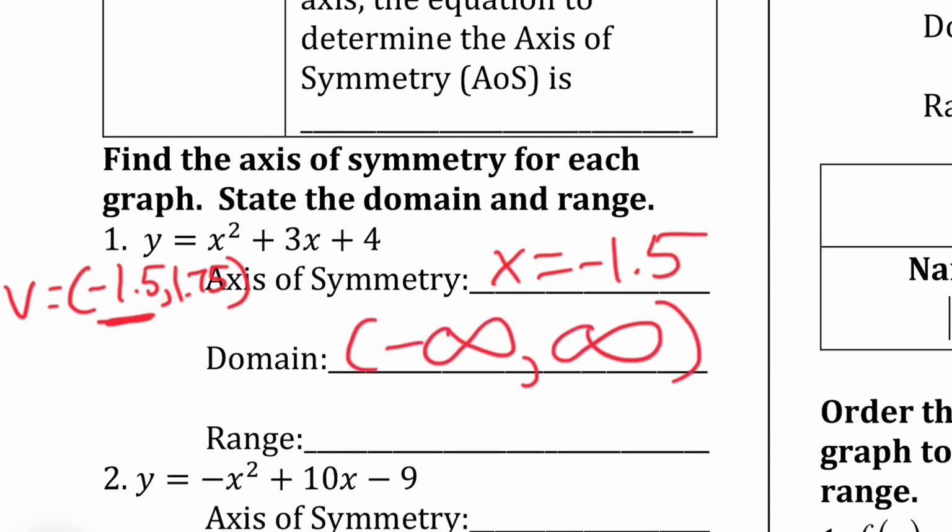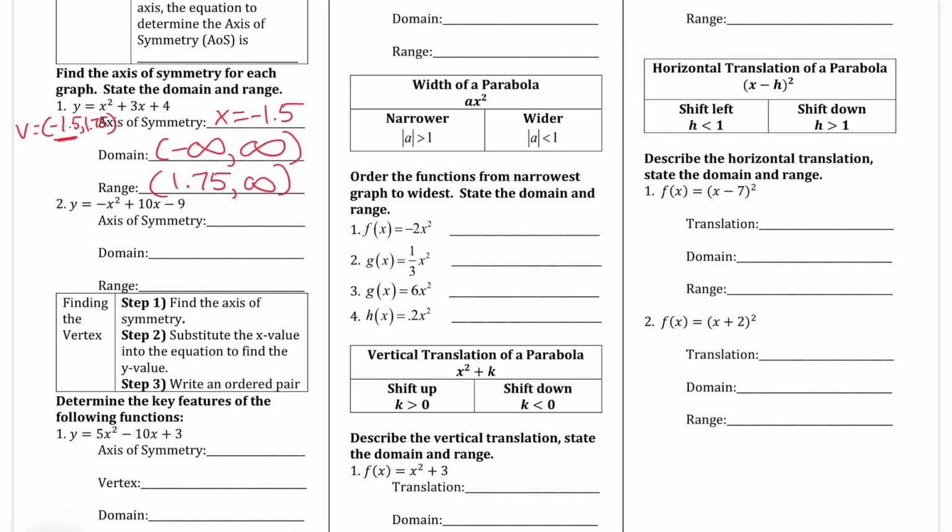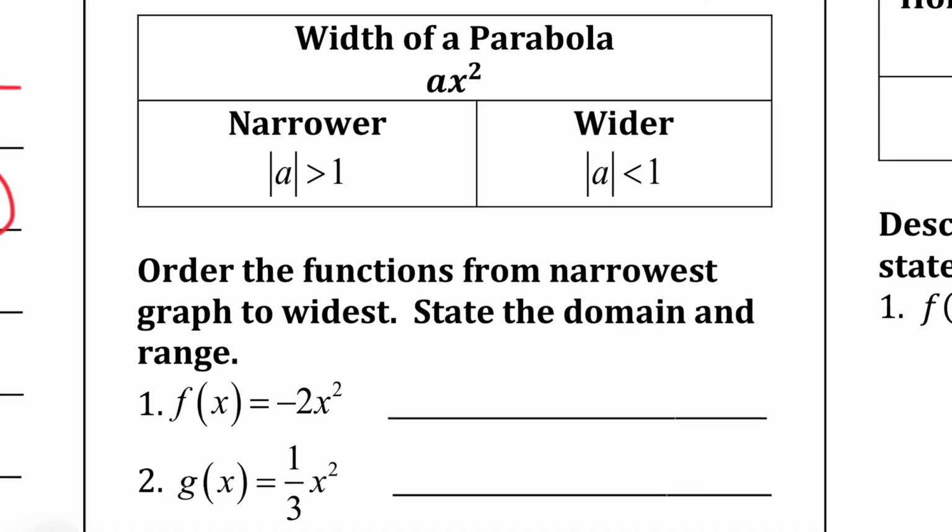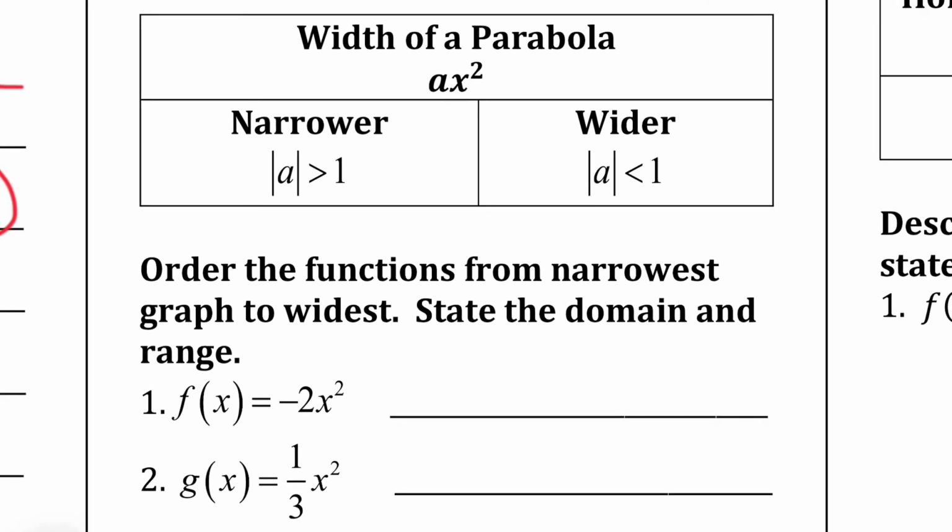Domain, always the same. And your range is that 1.75 to positive infinity. So you can go through these, but I want to go ahead and get us to the translating part.